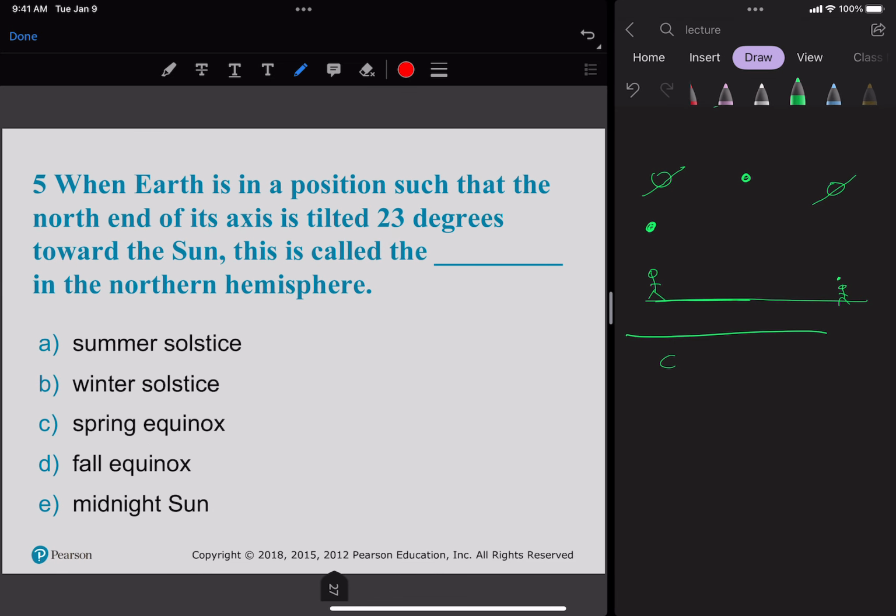Okay, chapter 16, number 5. When the Earth is in a position such that the north end of the axis is tilted 23 degrees towards the sun, this is called what in the northern hemisphere? I kind of probably gave this away in the last question.